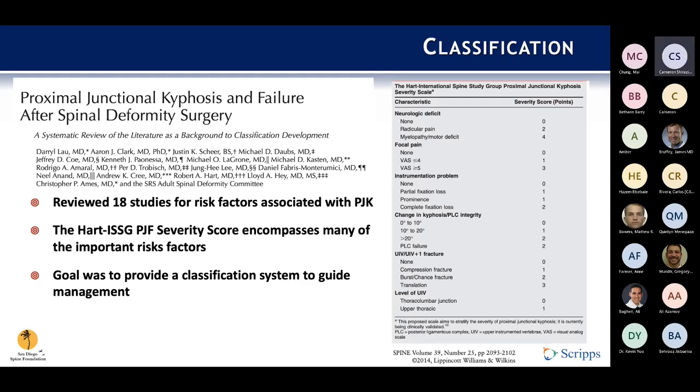The 6 components it involves are neurologic deficit, focal pain, instrumentation problems, changing kyphosis, posterior ligament complex integrity, fracture location, and level of the UIV, all shown here in this table. These are then stratified and assigned a point value, and you can calculate a final score from that.